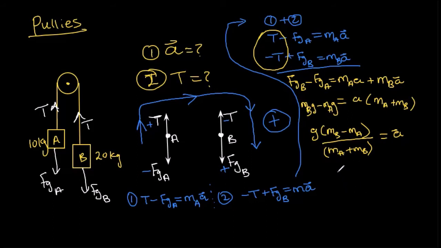Then this is going to give you 9.8 times the difference of the masses, mass B is 20 minus mass A is 10, all divided by 20 plus 10. So it's the same as multiplying 9.8 by 1 over 3.